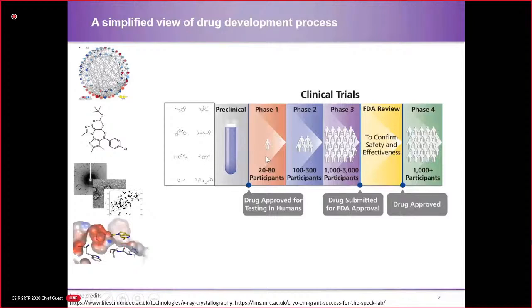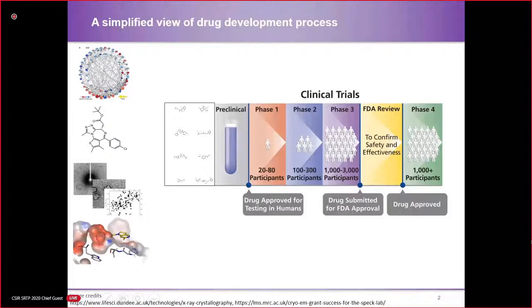And then in a small set of people, you try the drug out and see if it is safe or not. And in phase 2, you check efficacy and so on. We all know it. But the important point to note is that this whole process most of the times takes about 10 to 12 years to finish. And also, it costs about $2 billion for one drug to reach the market.